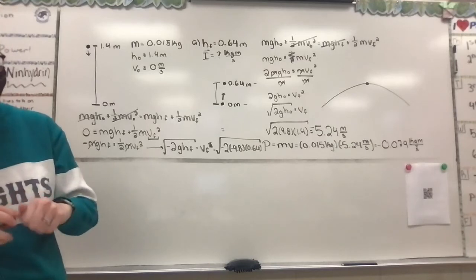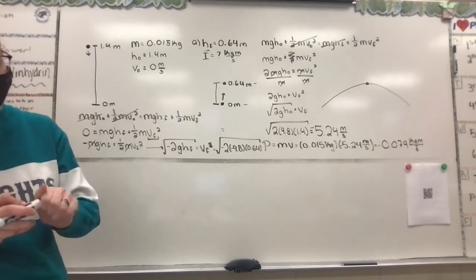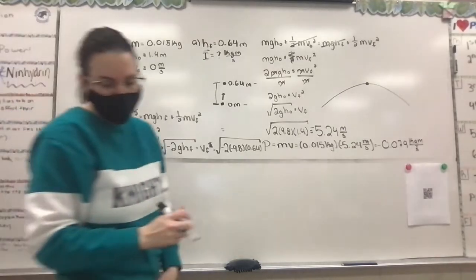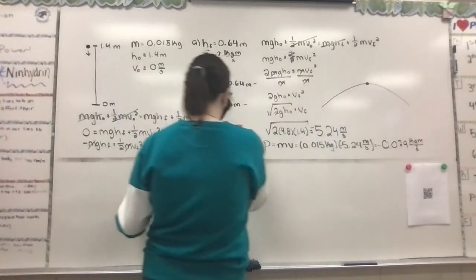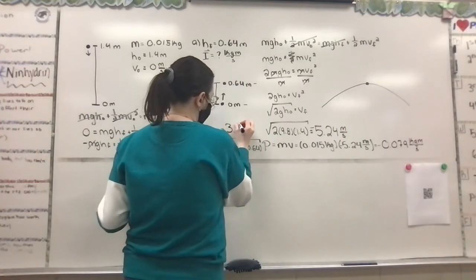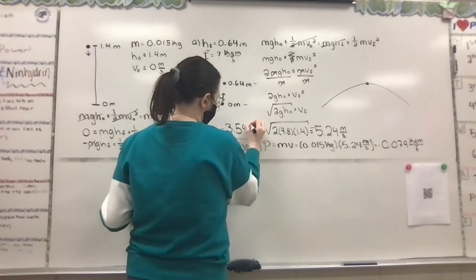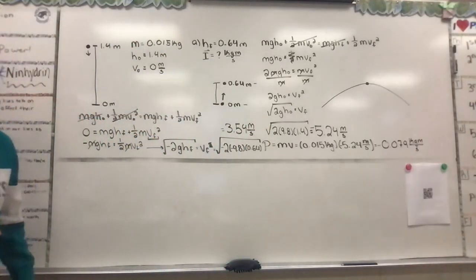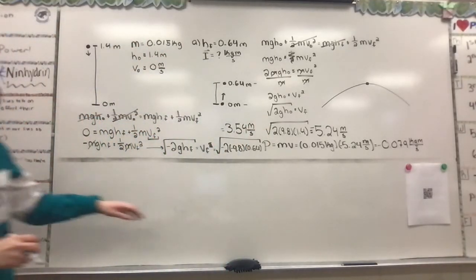So what is it? 3.54 meters per second. Okay, now is this one going to be positive or negative? I mean positive, right? Because we're going up now.